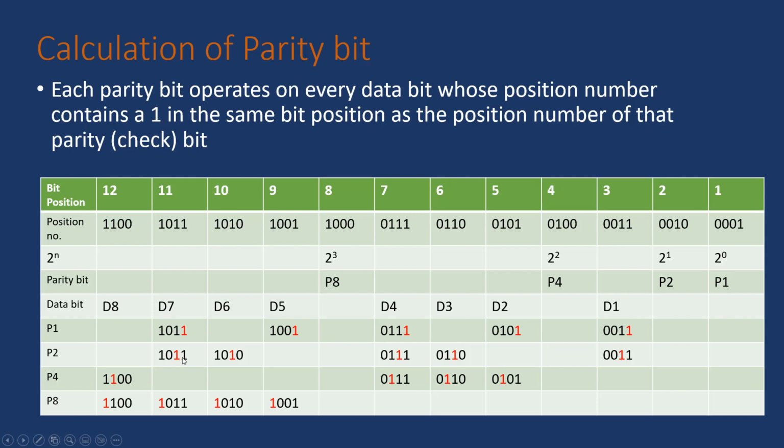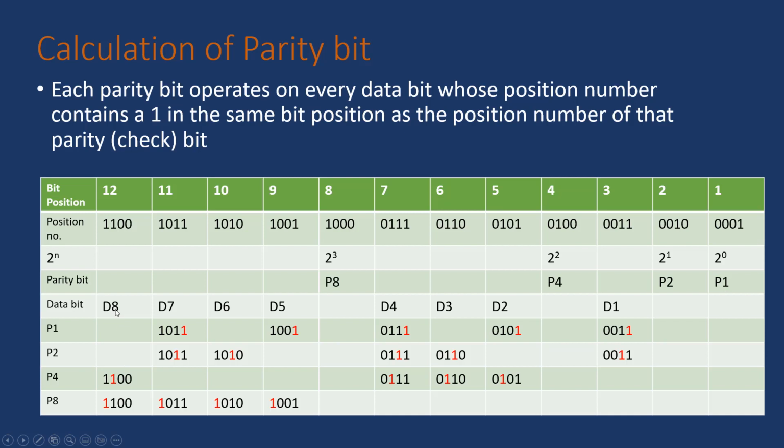Same thing here, position 4, parity bit 4. Parity bit 4, its position number has a 1 in the third position. So we are going to keep all with third position 1. So 5 has third position 1, 6 has third position 1, 7 has third position 1, and skip all the ones here with third position zeros.